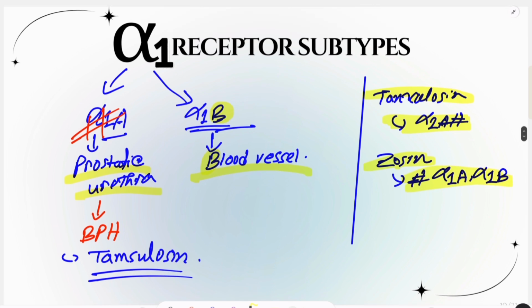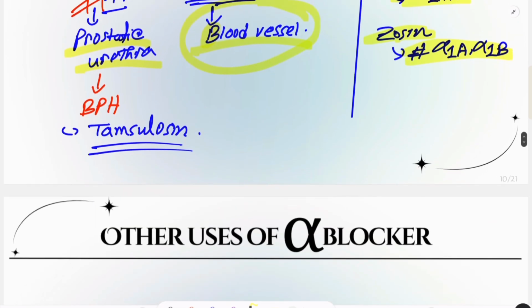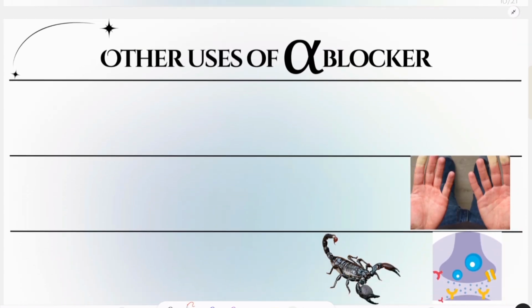Now we can use this vasodilatory effect of the osin group of drugs in other conditions. So the osin group of drugs can be used in benign prostatic hyperplasia. Apart from benign prostatic hyperplasia, it can be used in treatment of hypertension.